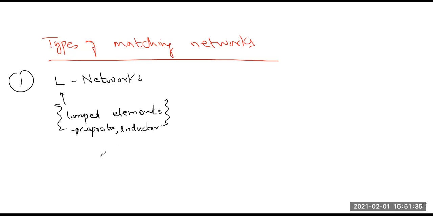There are some advantages as well as disadvantages of L networks, which we will talk about throughout this course. But if I mention one limitation of L networks, it is that they are feasible only for low frequency applications.